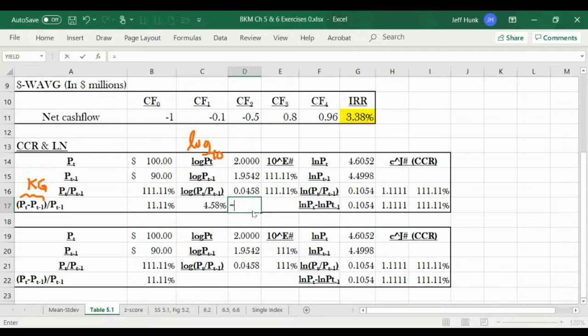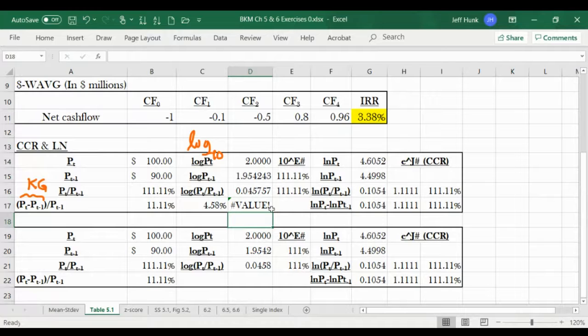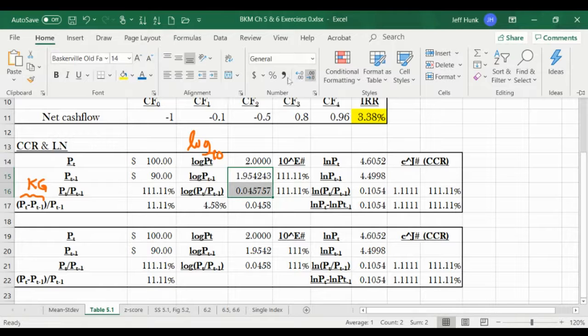Let me do it here. I would rather simply do, because this is log of PT, right? Minus log of PT minus 1. Of course, I will get, oops, I was pointing to something. Okay, I get exactly the same thing, right? Get exactly the same thing, right? Many decimals, let me increase decimal.